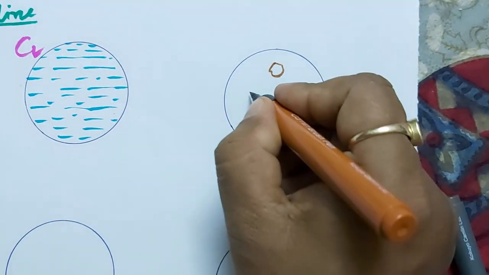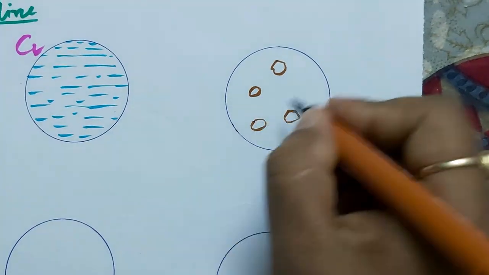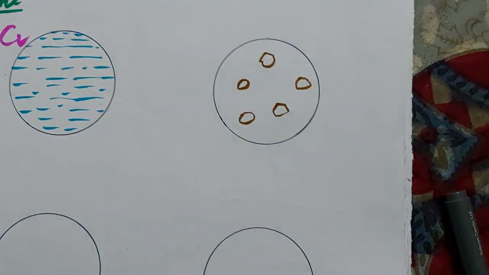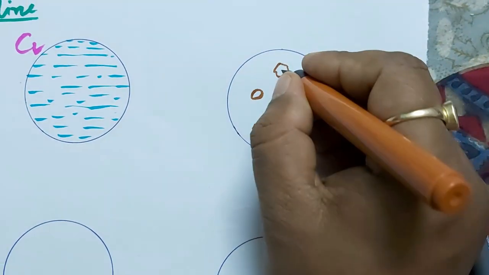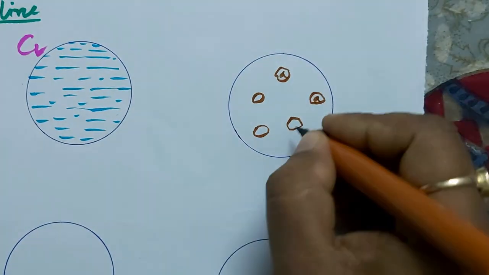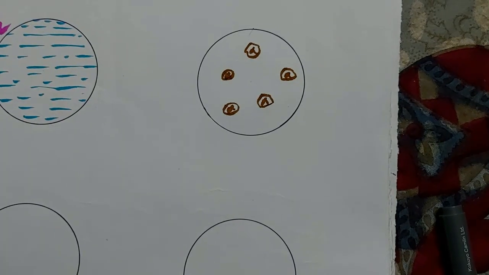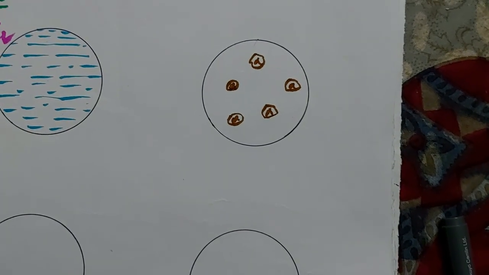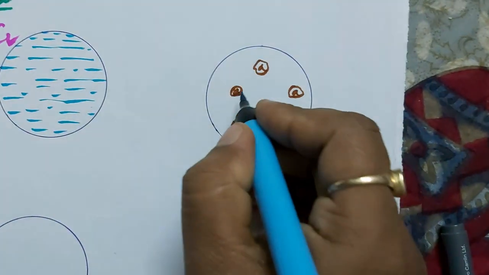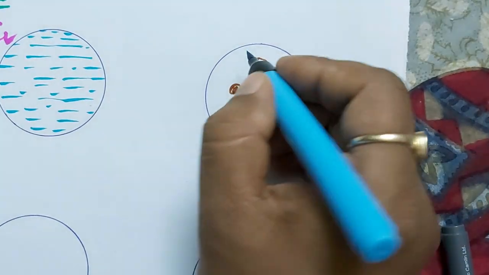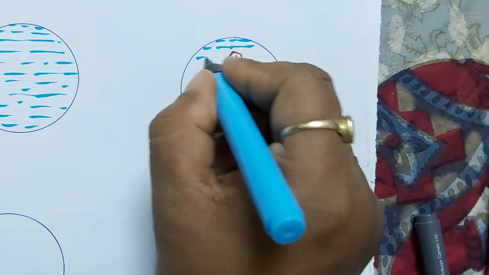So in this point we will get a small part of alpha phase. These are all alpha phase, because solidification just started. That's why a little number of solid phase or alpha phase and greater amount of liquid phase.